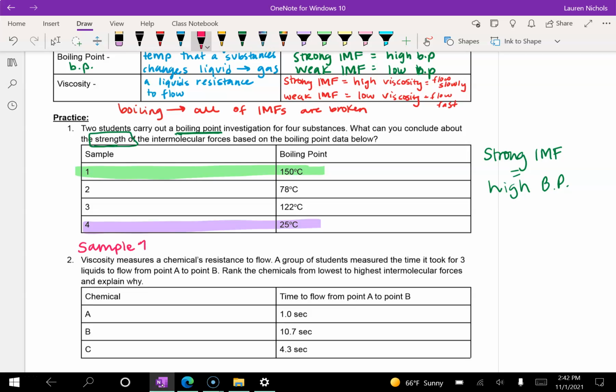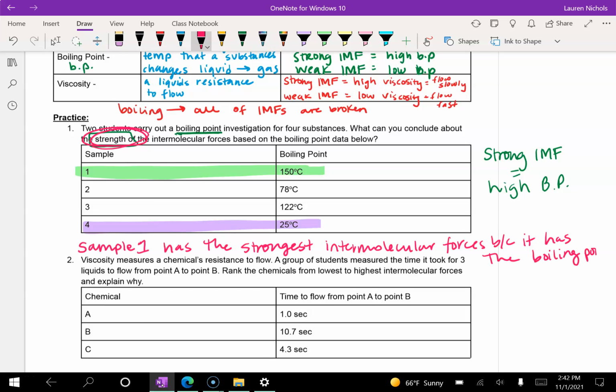So that we can say that sample 1 has the highest, or has the strongest, because the goal is to talk about the strength, has the strongest intermolecular forces, because it has the highest boiling point. And really, to finish this out, I would complete that for all 4 of them.